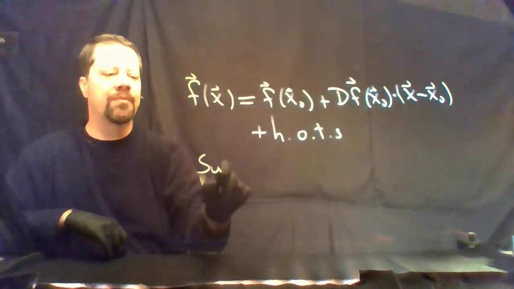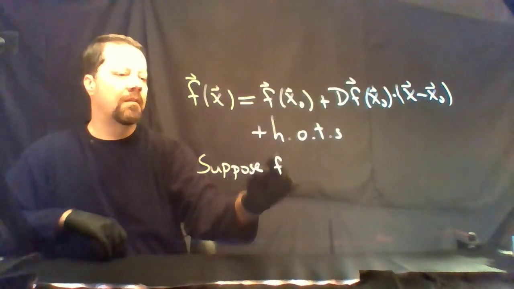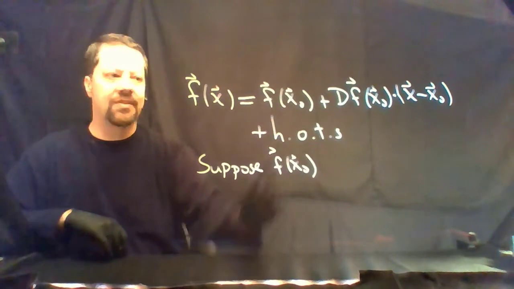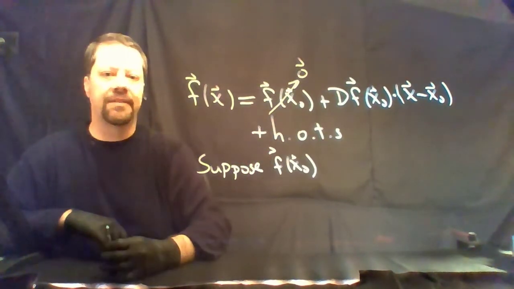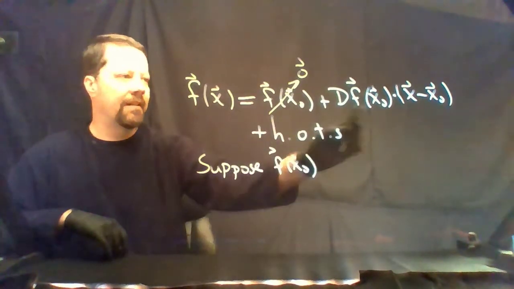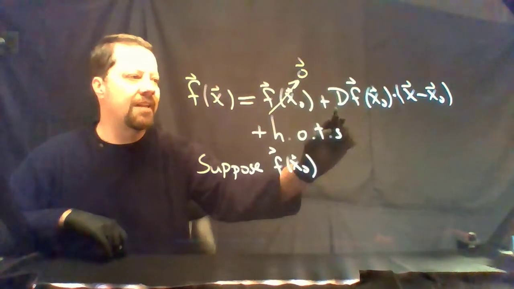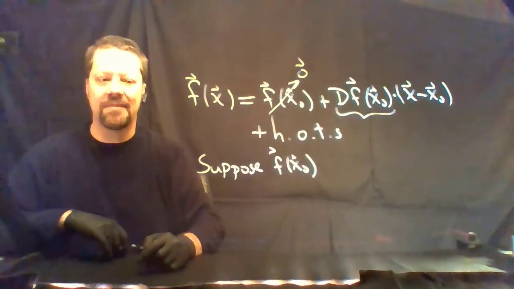We'll suppose that we're dealing with an equilibrium point, and hence this will be the zero vector. That makes our solutions near equilibria dependent upon the nature of this object, whatever it is.